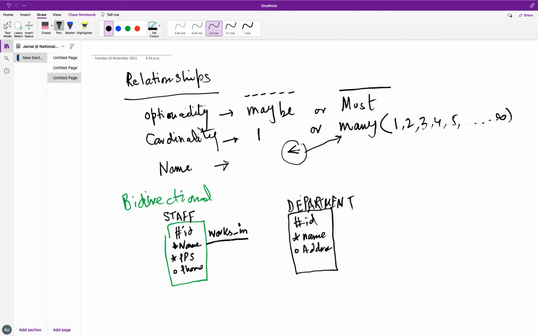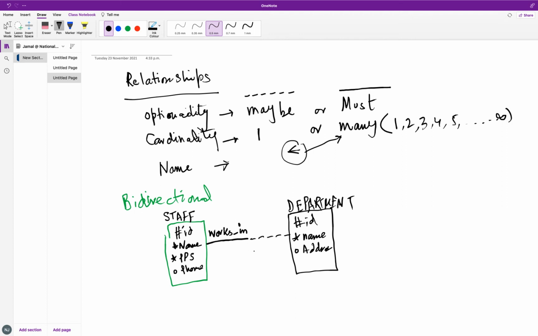The policy is that each department may have one or many employees, may have. There is a chance that the university has just around one department and there is no hiring as such. So the department is still there, but there is no employee in that department. So each department may have, so for may, we have to do this thing.